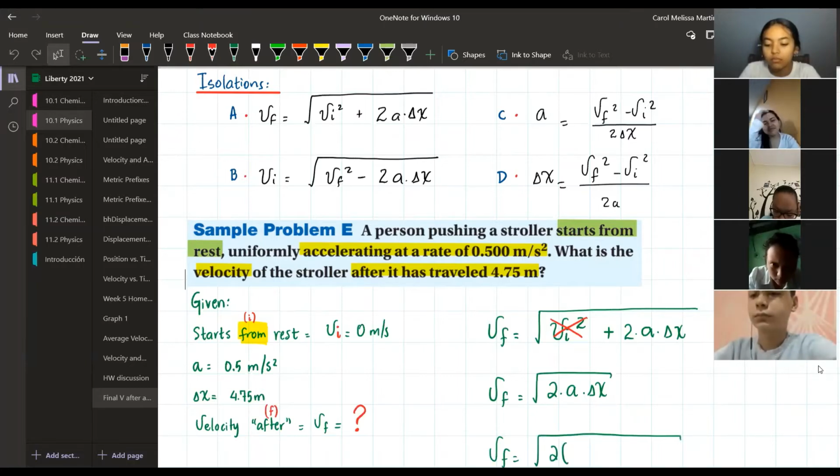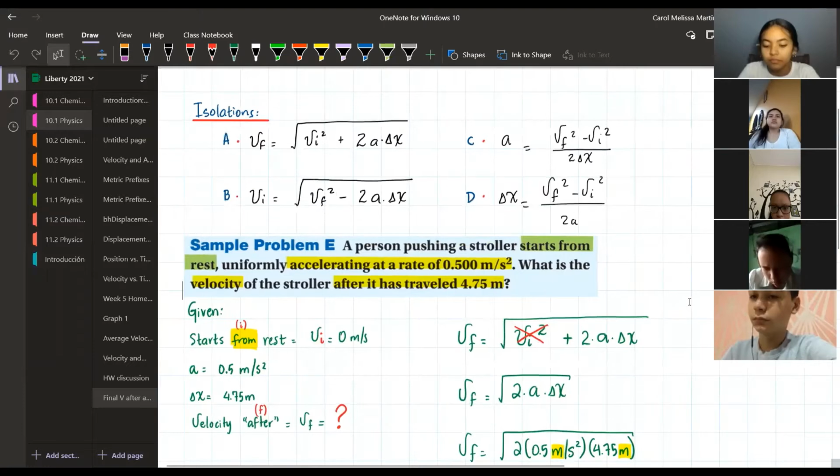The acceleration is 0.5 meters over second squared, times delta x, that is 4.75 meters. Now I want you to look at this. You will multiply meters over second squared times meters. When you do that, meters times meters is going to give you meters to the second power. Squared.